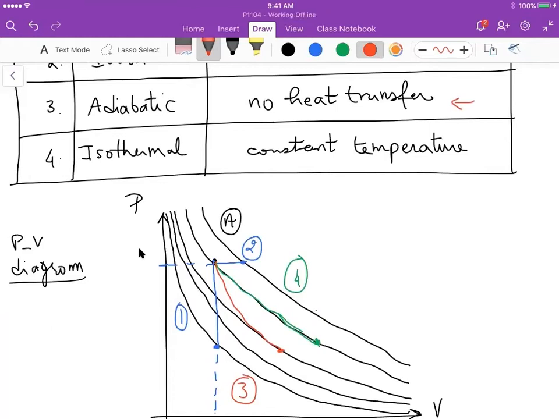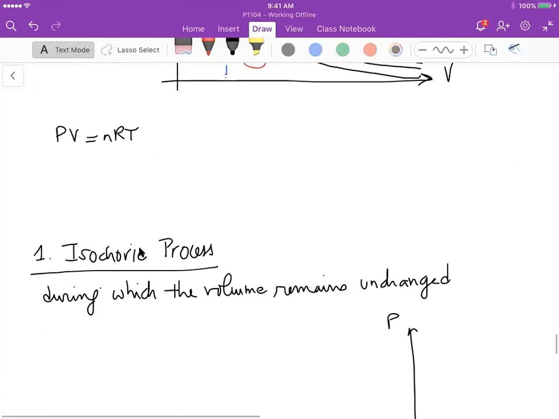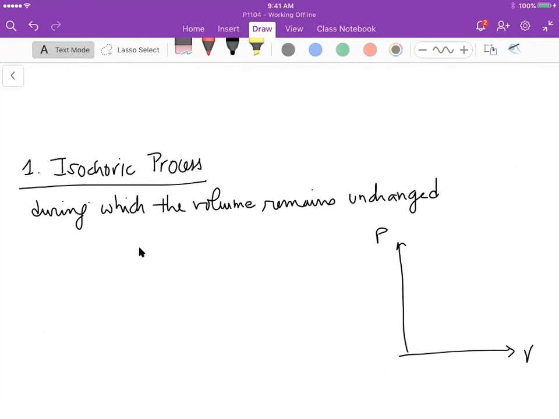So now what we are going to do is investigate each process on its own. We will try to draw it on a figure. We will take each process, isochoric, isobaric, isothermal and adiabatic, and in each case write down what dU is. Let's start first with the isochoric process.